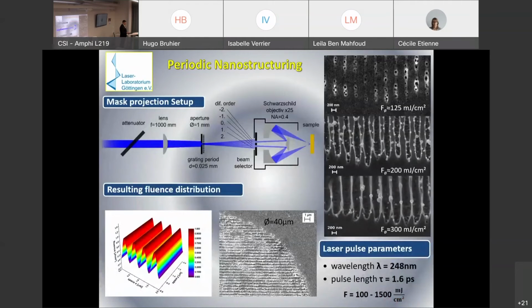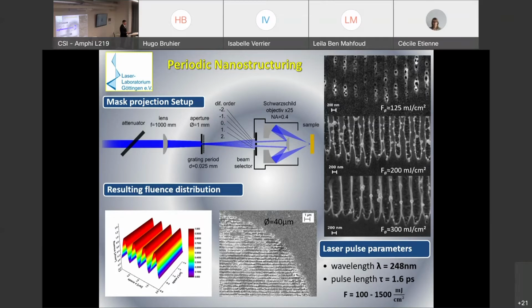Okay, so now we can step towards periodic nanostructuring, or in other words, functionalization of the surface, since it's very technologically important. This periodic nanostructuring was experimentally achieved in a laser laboratory in Göttingen with a mask projection setup, which splits the laser beam into a number of diffraction orders. Only the first diffraction order was selected, and through a Schwarzschild objective, it was focused back on the material surface.